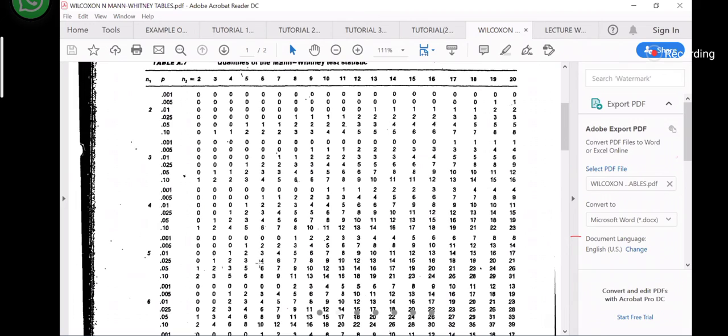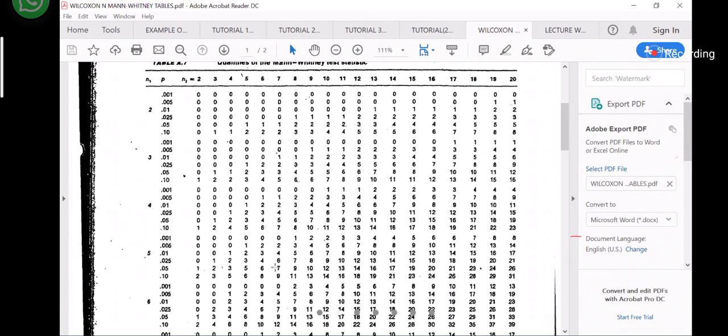For X the sample is 5, and for Y, let's say 7.